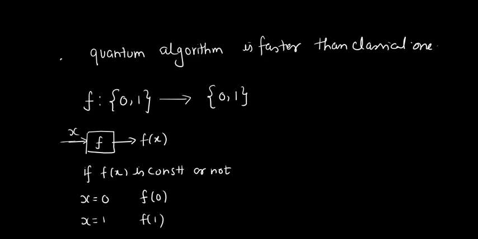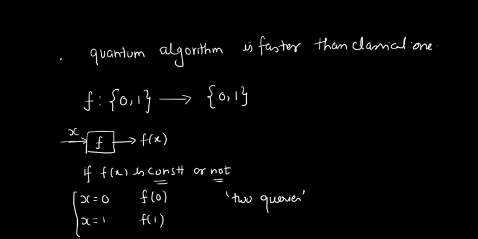So we have to do two queries, and when we compare f(0) and f(1), if f(0) is equal to f(1), of course it's constant, but if f(0) is not equal to f(1), it's not, right? So we need two queries in order to solve this problem.